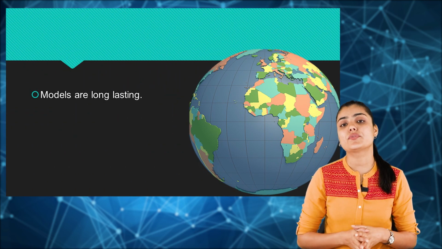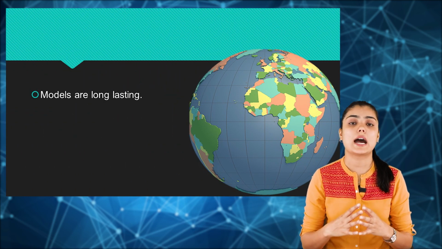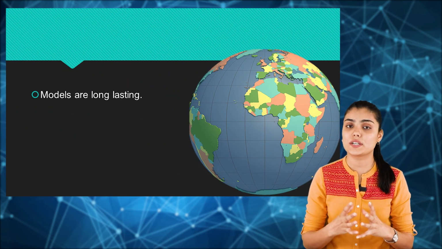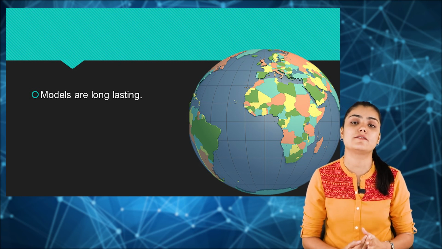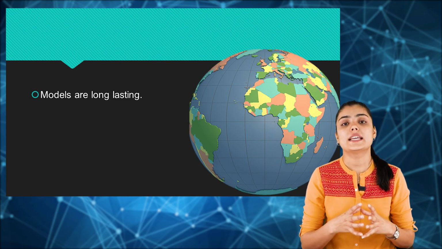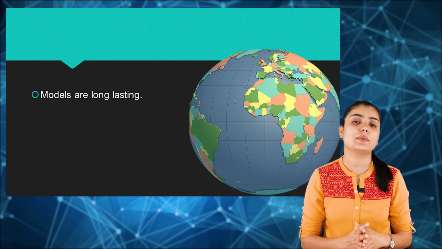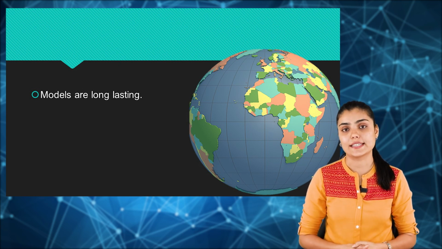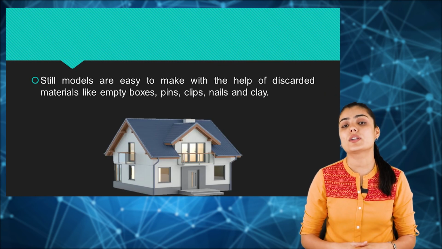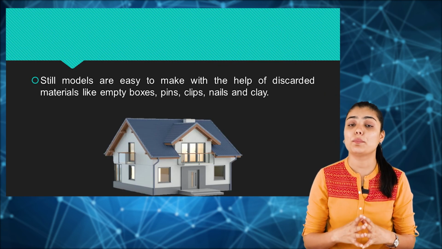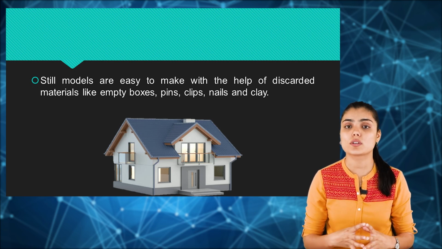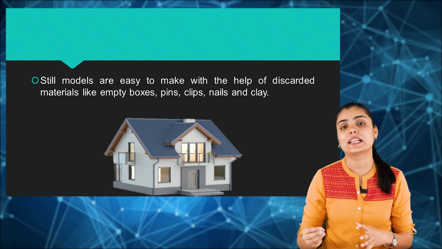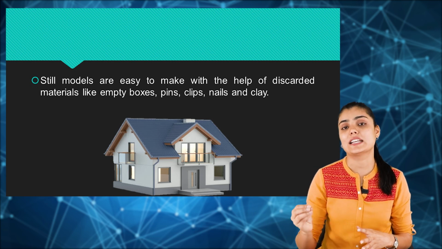The third advantage of using a model is that models are long lasting. Once it is purchased, models can be kept for several years and can be used repetitively for a long period of time. It is a long lasting educational media that can be used in the organization. Another advantage is that still models can be made easily with waste materials such as straws, empty boxes, pins and clips, which are usually discarded materials.